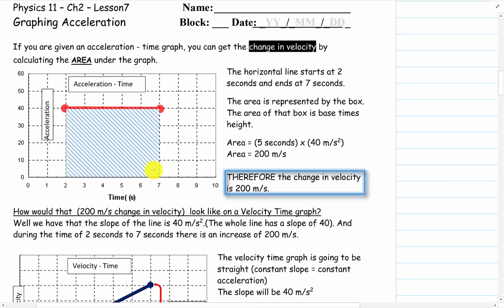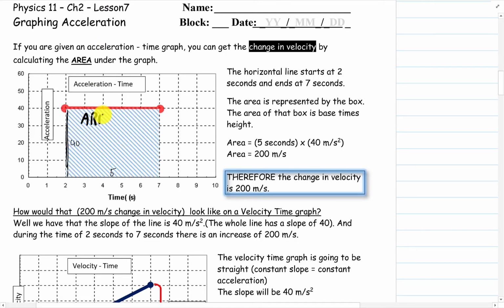So this time frame here, it has a 5, and it's raised up at 40, whatever the units are. And then the area here, represented by the little crosshatch blues, is equal to the change in velocity. So this is 40. So we'll do it out here.